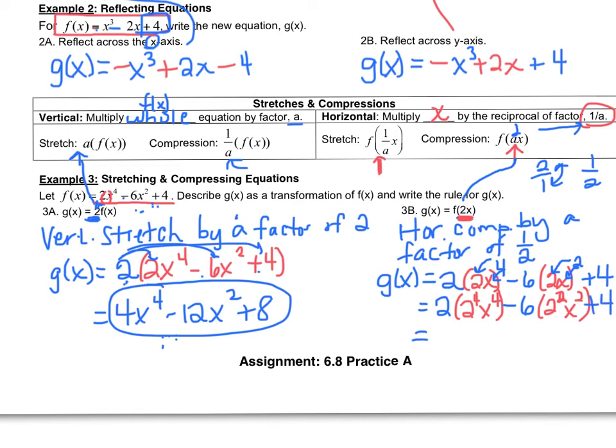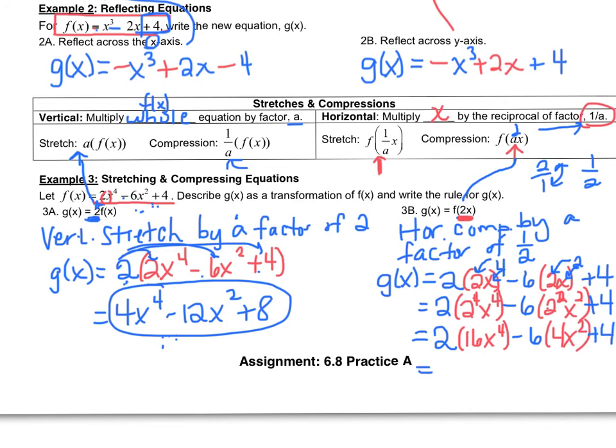So once we're done calculating this out, we'll have the final answer. We have 2, and now 2 to the 4th power, that's 16, x to the 4th. I'll recopy the minus 6. 2 to the 2nd power is 4, x squared, and then the plus 4 gets recopied.